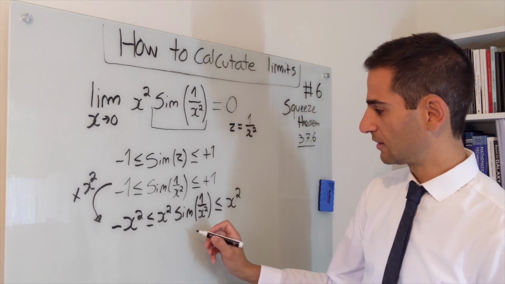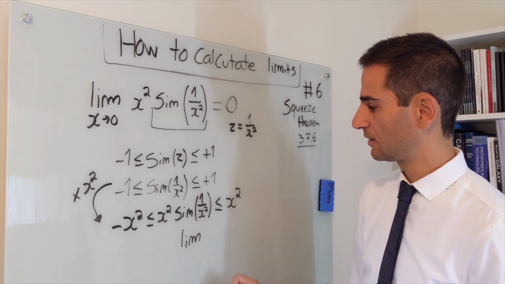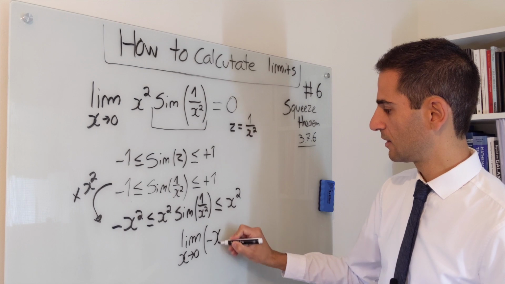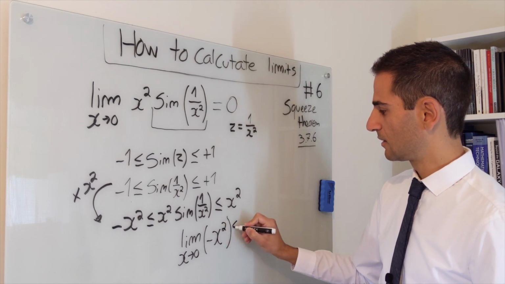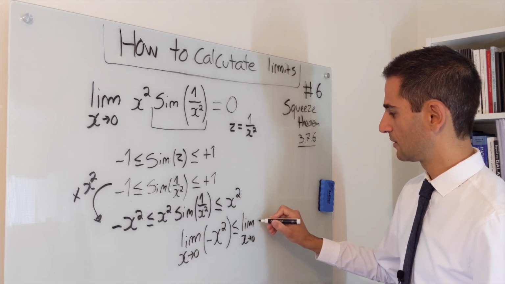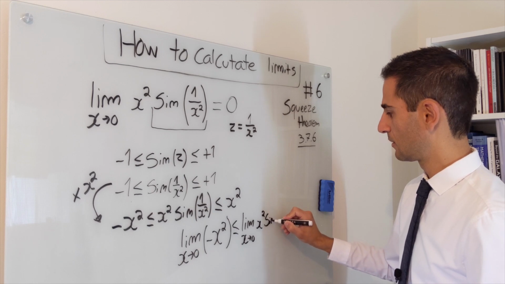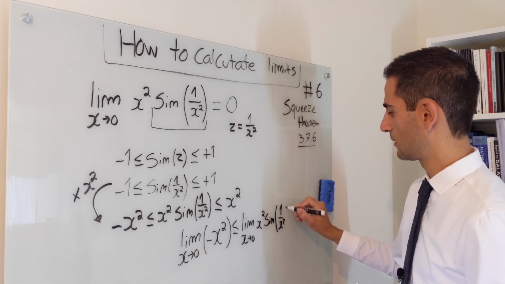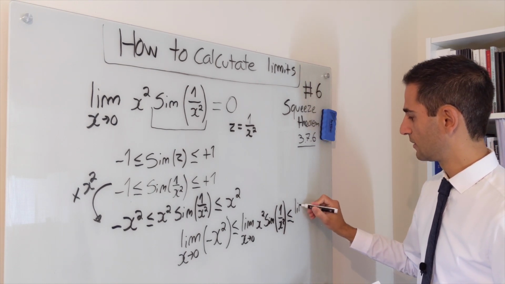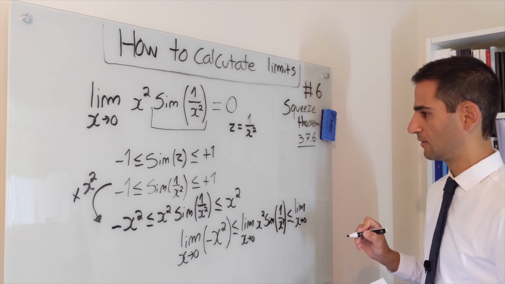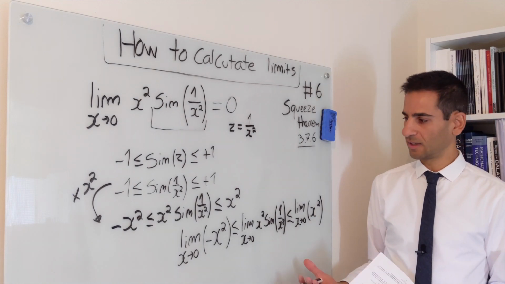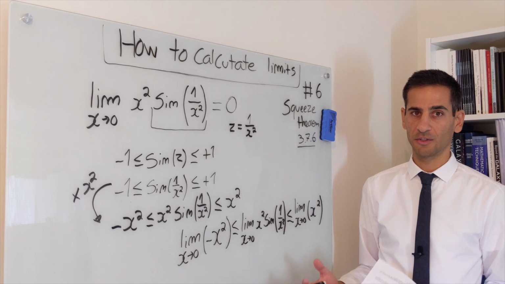So this means that by taking the limits, we can write that the limit when x goes to 0 of minus x squared is lower or equal than the limit when x goes to 0 of x squared sine 1 over x squared, which is lower or equal than the limit when x goes to 0 of x squared.